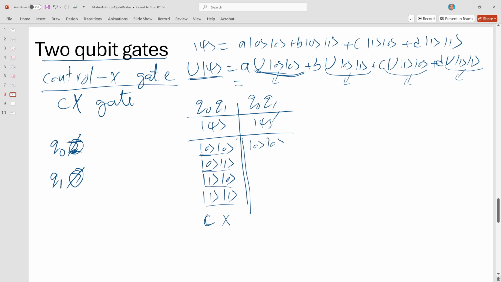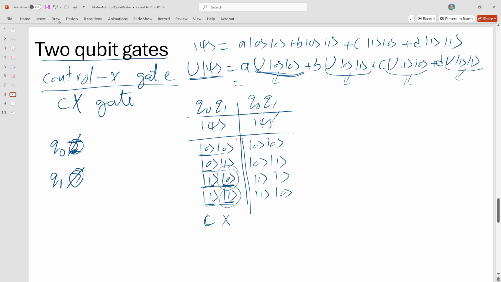So we want the states to remain as they are, both states. And if the left qubit is in the 1 state, we want an X gate applied to the second qubit. So this 0 state becomes the 1 state, and this 1 state becomes the 0 state.